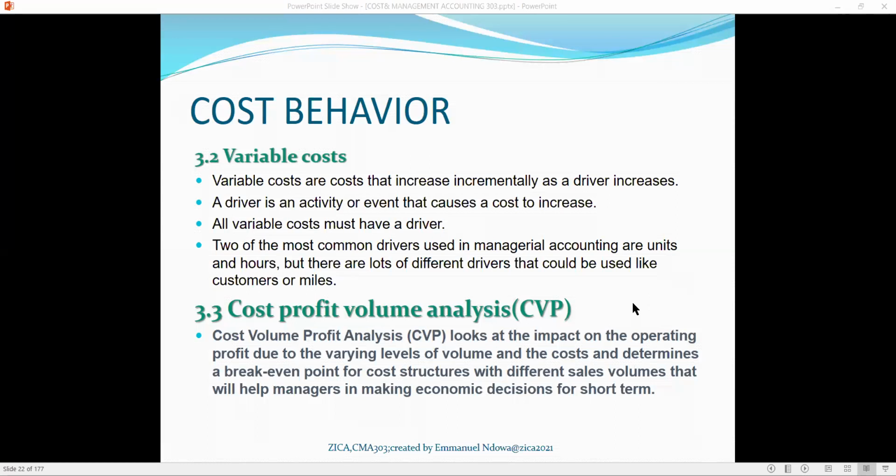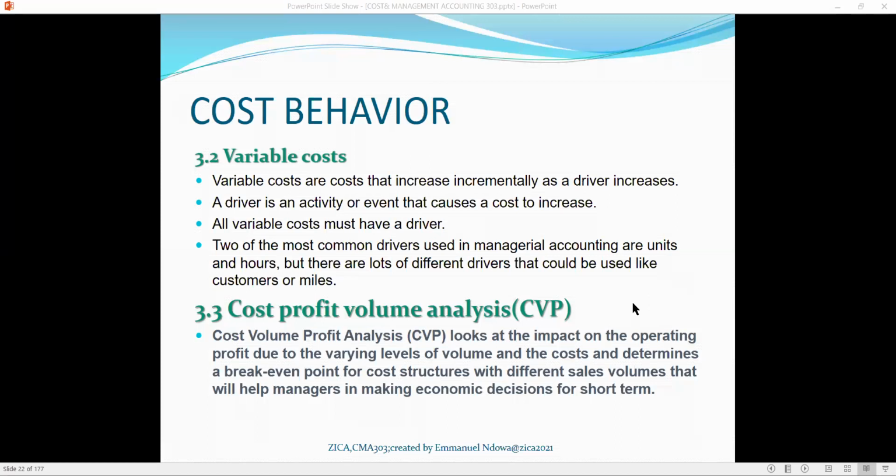So when we look at the cost volume profit analysis, it is going to show graphically the behavior of cost, be it the fixed cost or the variable cost. You are going to see that the fixed costs are shown graphically as a line running parallel with the x-axis.